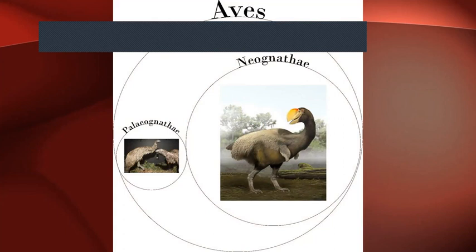There are very few things in them. I think I can list most of them just off the top of my head. Extant paleognaths include the ostrich, the largest living bird, the emu from Australia, the rhea from South America, the cassowary from Northern Australia and New Guinea, the kiwi from New Zealand, and the only flying paleognath bird that is still with us is from South America.